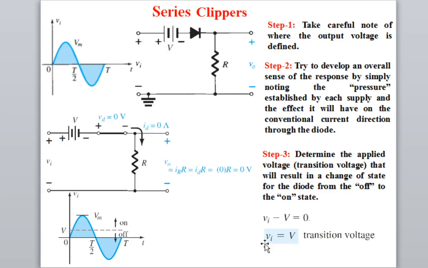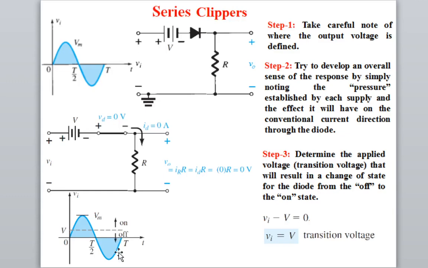So here, if Vi is equal to plus V, then we have to mark on the input characteristics curve a point equal to V. This voltage will be given. So this is the input characteristics, the input signal. On the input signal I have drawn a dotted line, which is equal to V. Above this line your diode will be in the on state, and below this line your diode will be in the off state.